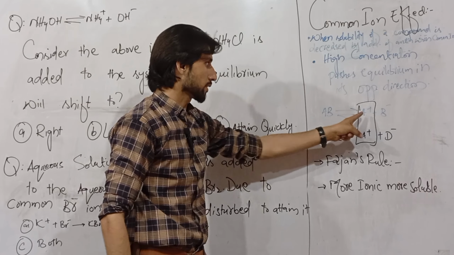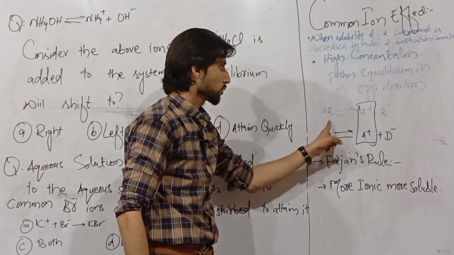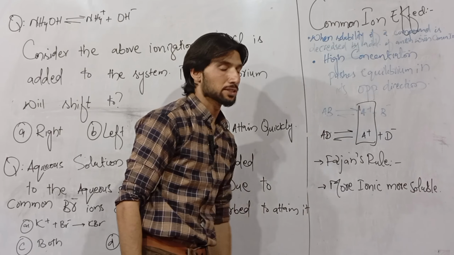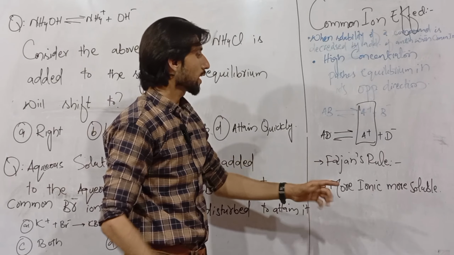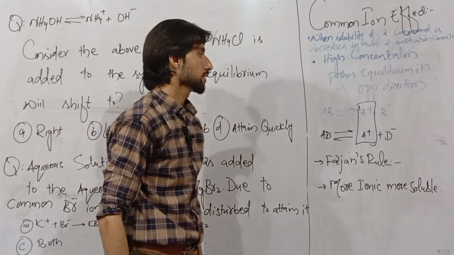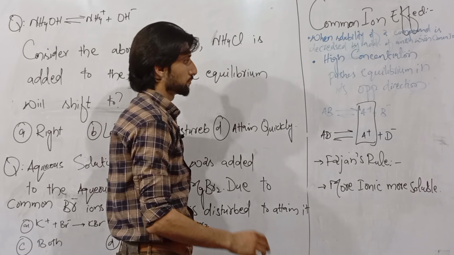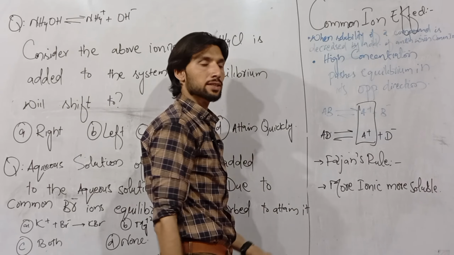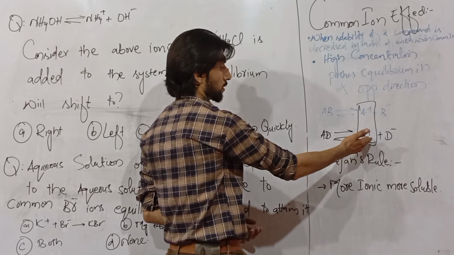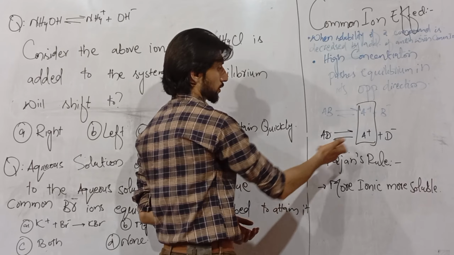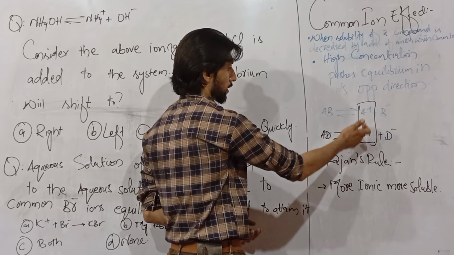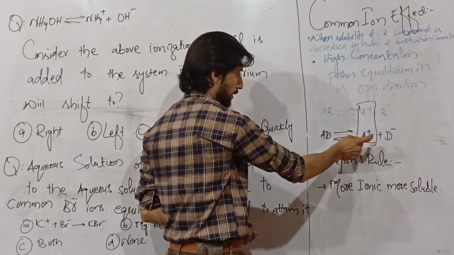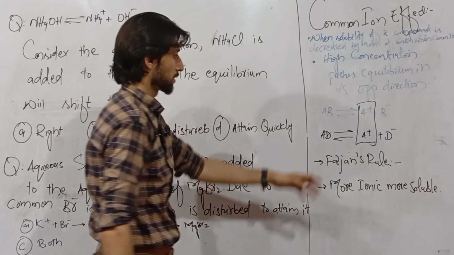Here, a common ion: suppose AB salt was already present in the solution. I added another salt, AD. So the concentration of A increased. It will automatically push the equilibrium in the backward direction, because an increase in concentration pushes the equilibrium in its opposite direction.